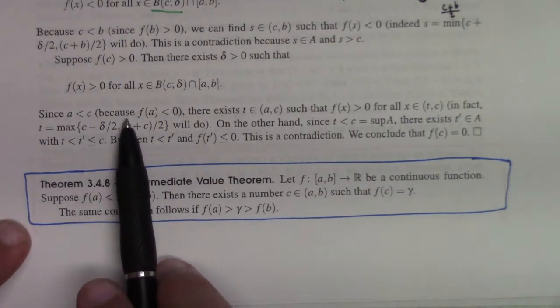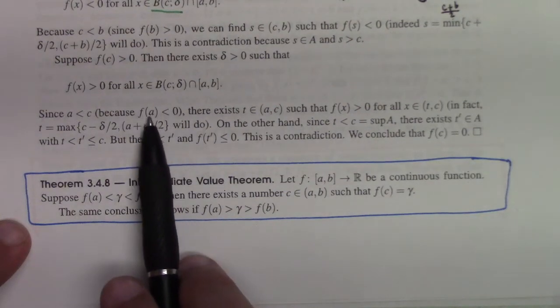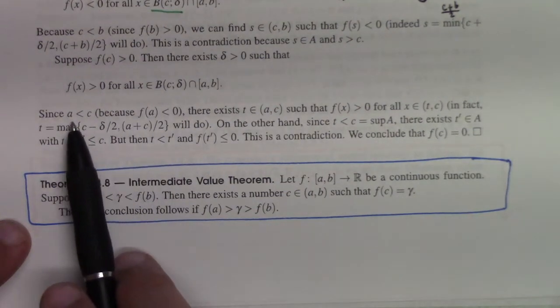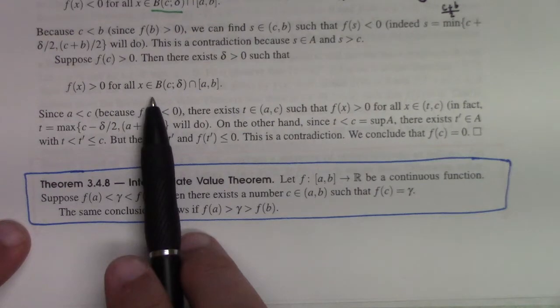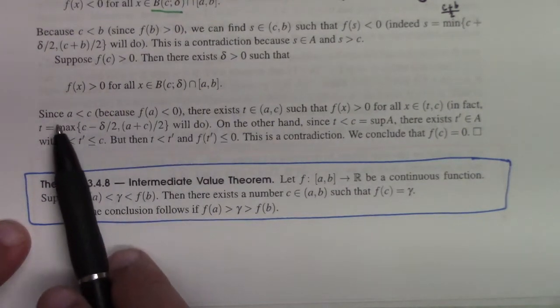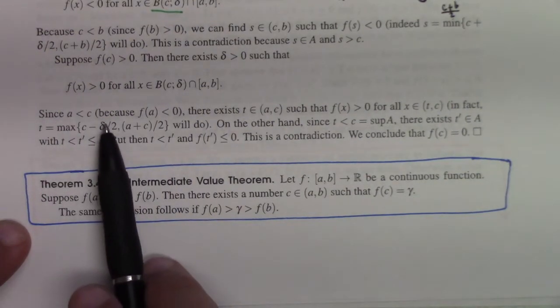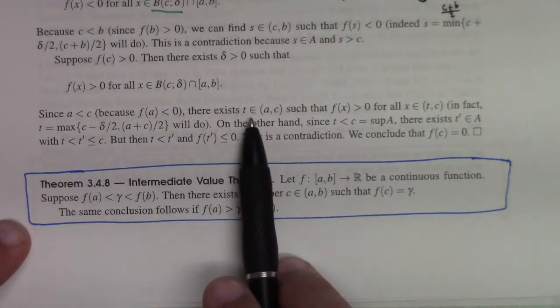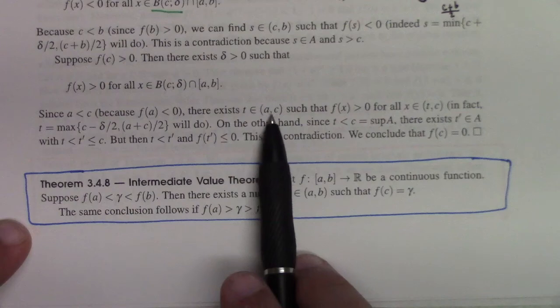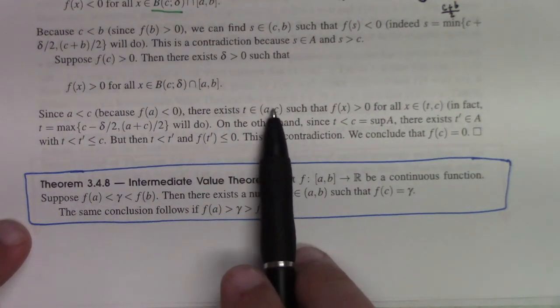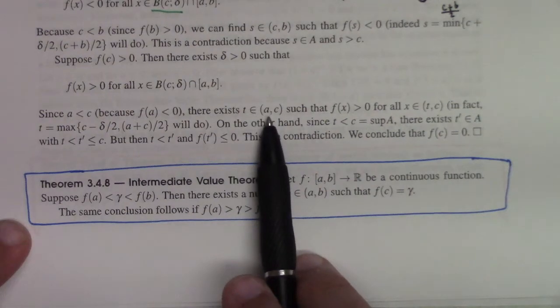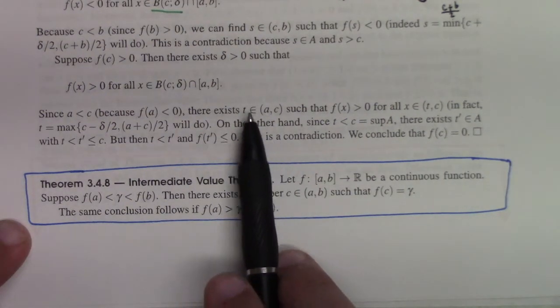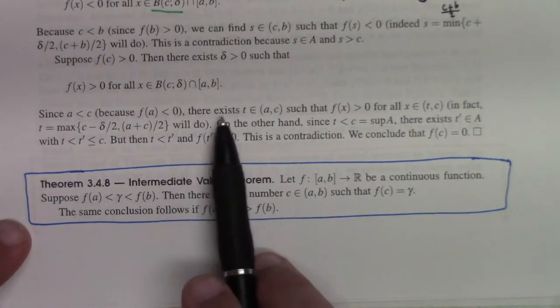a is less than c because f of a is less than 0, so that means that a can't be in such a ball because f of a is negative. And so that means that there exists a t between a and c, and he's just basically going to argue that it contains a point which he's going to call t. Well, he calls it t.